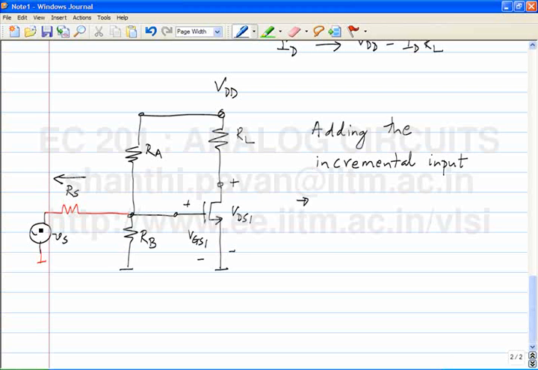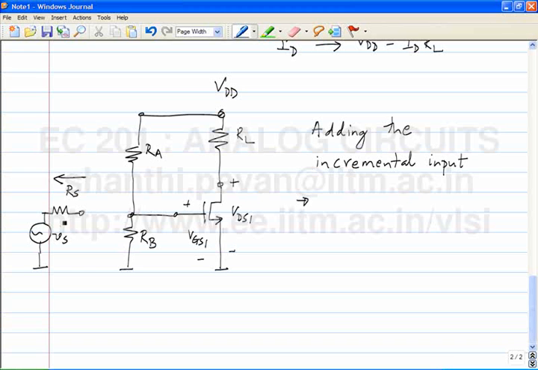When I de-energize the small signal source, DC current is flowing through RS. You understand? Ideally all the current that flows through RA must flow through RB, but now some current is getting lost through RS. And why is current getting lost through RS?